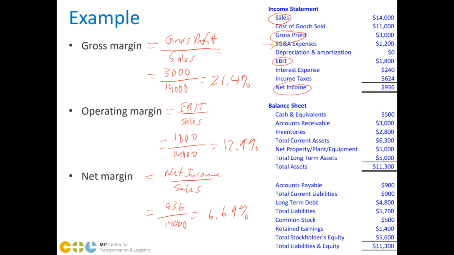So you can see by the time we get to the bottom line, our margin has dropped, right? Because we have interest and taxes in there to eat away at those profits. So you can see at different levels of the income statement, and everything in our margins that comes from the income statement, we can see how profitable we are. And again, we might want to compare this with the competitors in our industry and see how well we're doing.